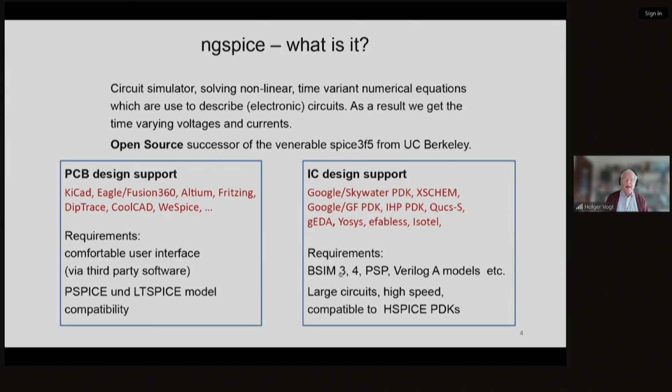Slightly different requirements: we have to be compatible to the well-known CMOS models like BSIM3, BSIM4, BSIM-BULK, BSIM-CMG, PSP, and others. In general, compatible to Verilog-A models. Here circuits are large. Sometimes people want to simulate circuits with 10,000s of transistors, so we need the capability to do that at high speed. And here we want to be a little bit compatible to HSPICE PDKs.